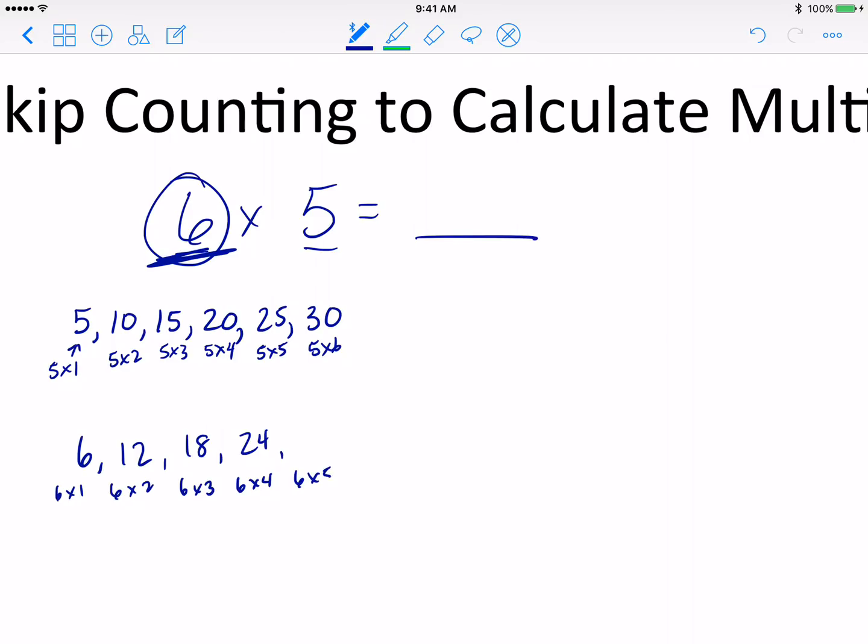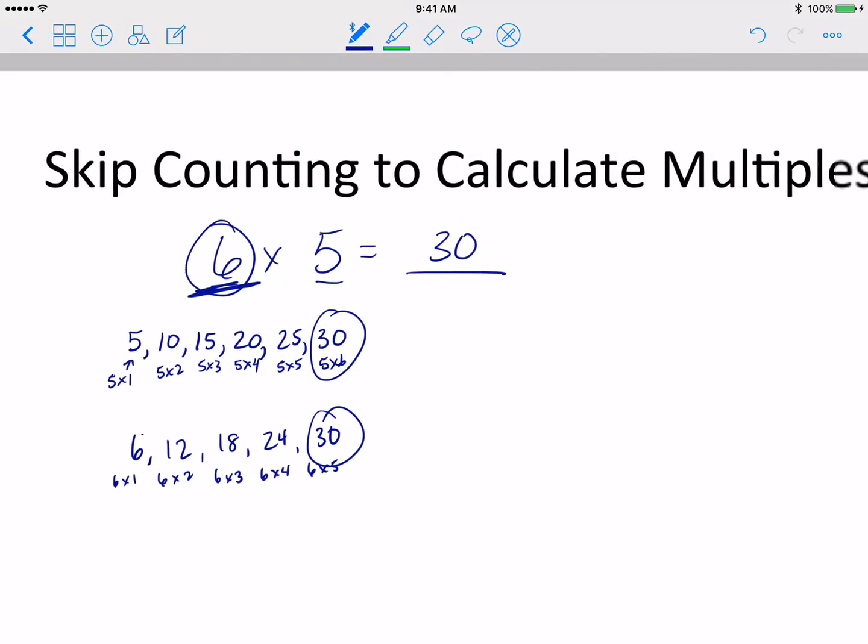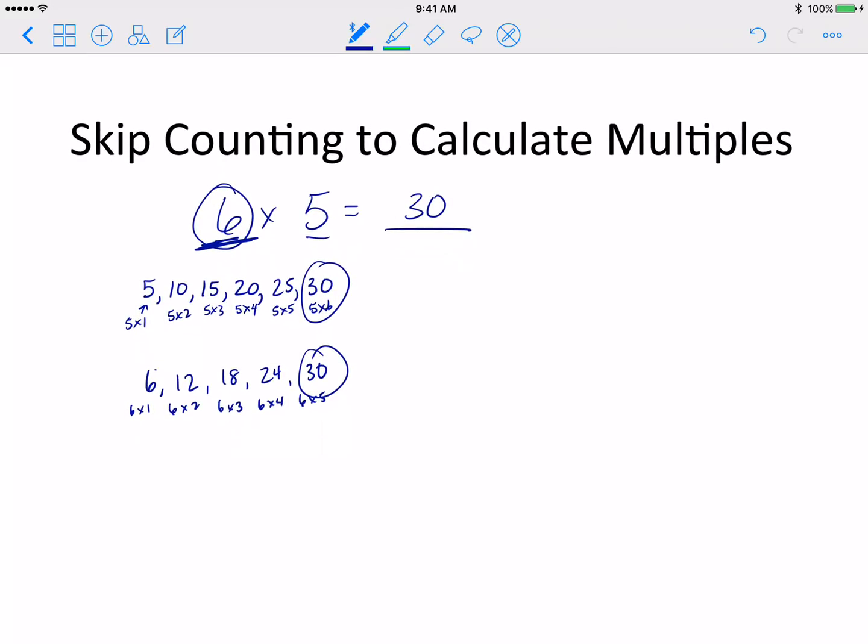And then 6 times 5 would be 30. So we would skip count by 6 5 times. We get 6, 12, 18, 24, 30, and we're going to get the same answer, okay? So that is the skip counting to calculate the multiples to find the product.